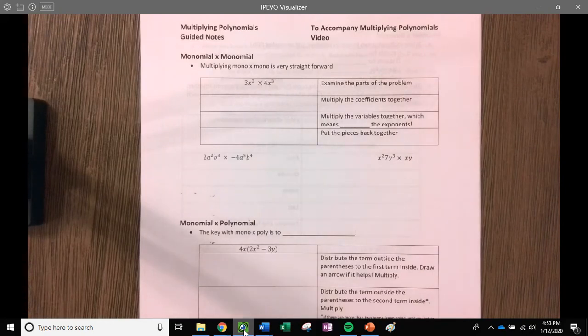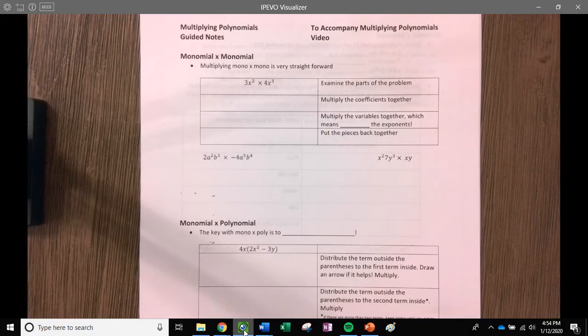The cool thing about multiplying, and it's going to be very contradictory to what we've talked about before, because I've kind of hammered into your head so far that you can only combine like terms. Well, when you multiply, that rule goes out the window. You can mash together anything you want. You can only combine like terms when we're talking about adding and subtracting, but when we are multiplying, those rules do not apply. We are just going to get the product of whatever we are faced with, and we don't have to worry about things matching.